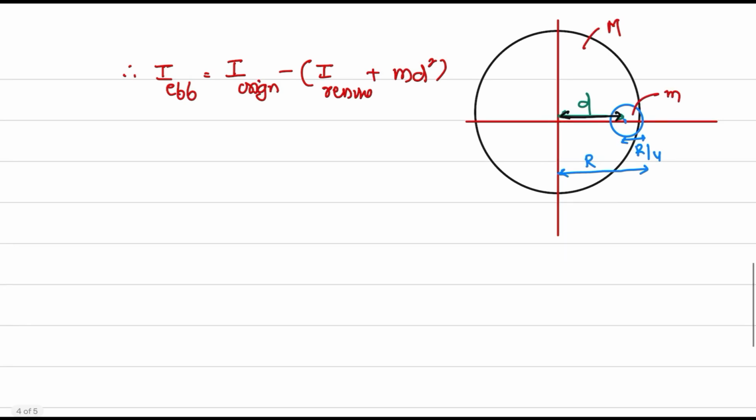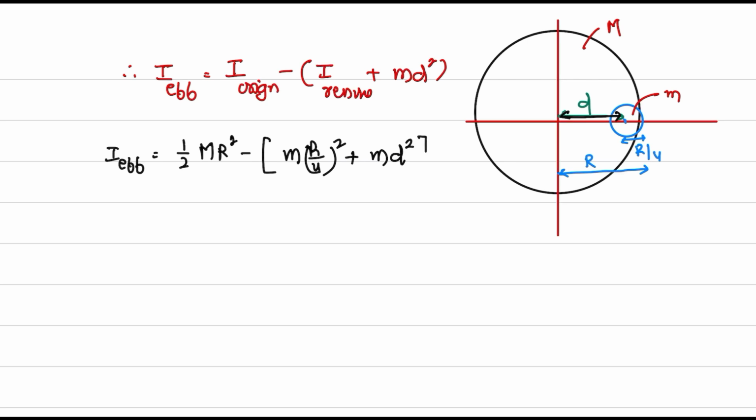Here I effective is equal to I original, which is half M R square, minus I of the removed body. What is I of the removed body? Small m into R by 4 whole square, because the radius of the removed body is R by 4, plus m into the distance d square.